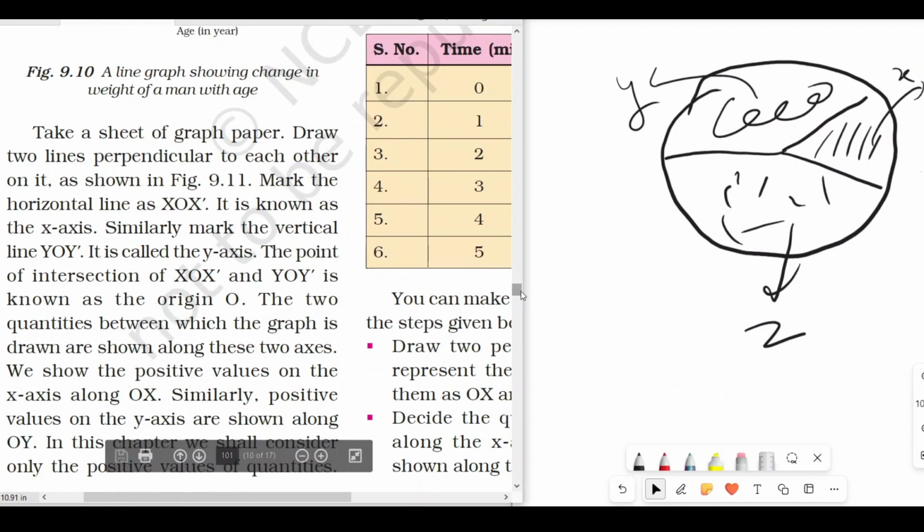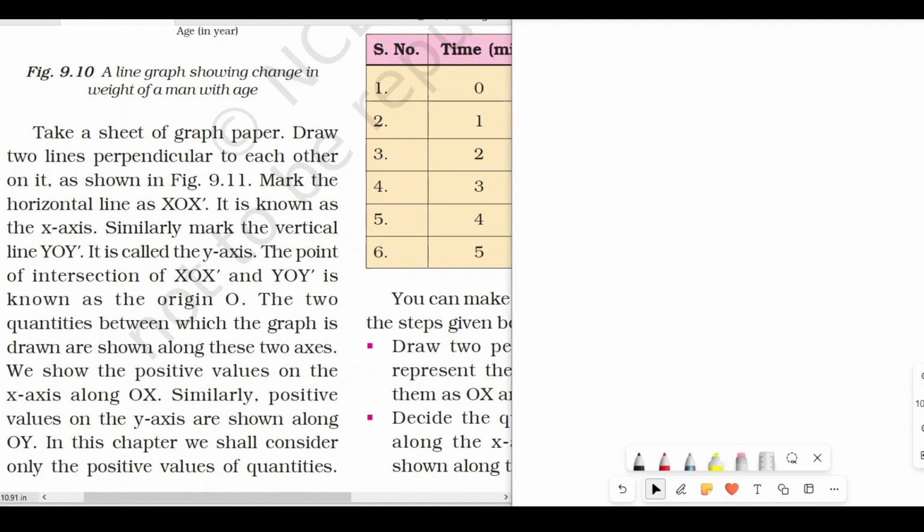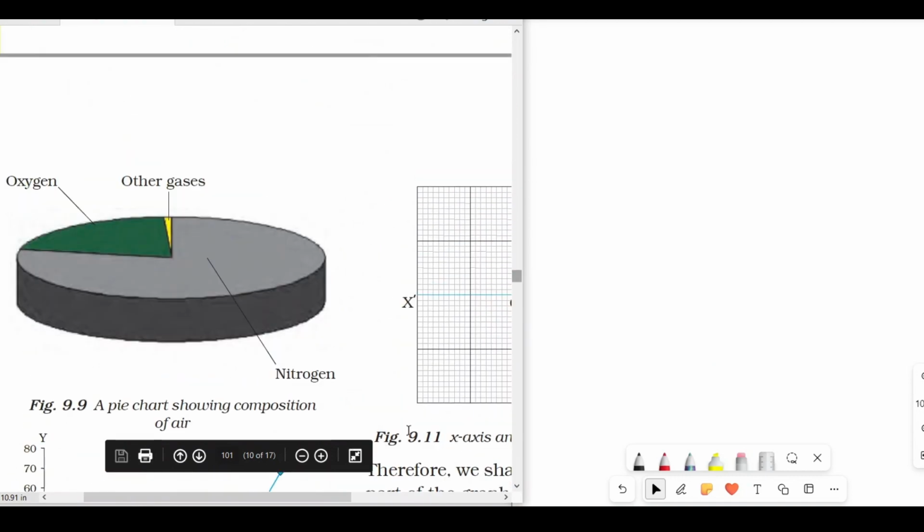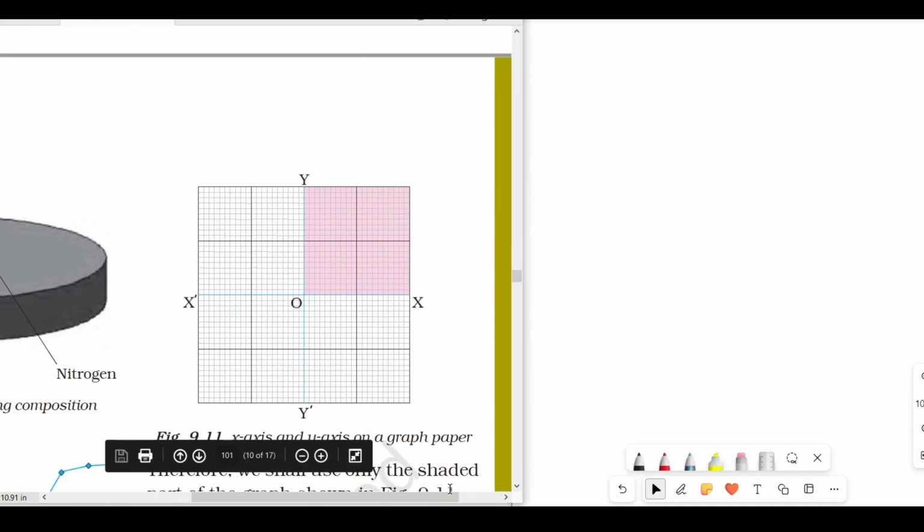So as a next exercise, what you can do is take a graph paper, draw two perpendicular lines to each other on it as shown in figure 9.11. So here a figure 9.11 is given for your reference. You can make such a figure, and in it you will see some points: Y O and Y dash, and then X O and X dash.